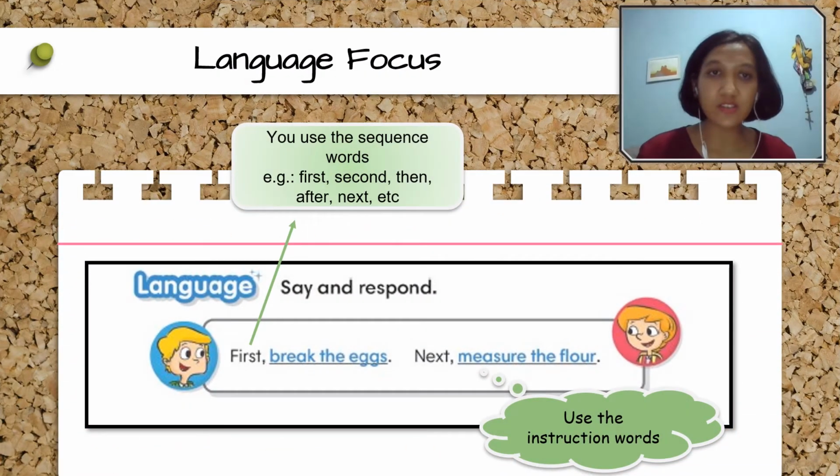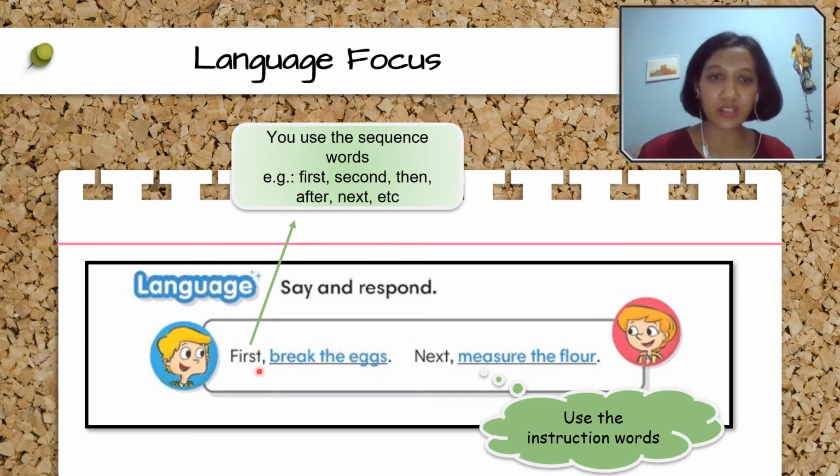Okay, so this is the language focus for this chapter. If you can see the box here, you can read: first, break the eggs, and next, measure the flour. So if you see the first word here, first, you will use sequence words such as first, second, then, after, next, and many more.